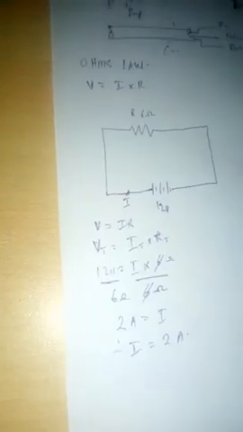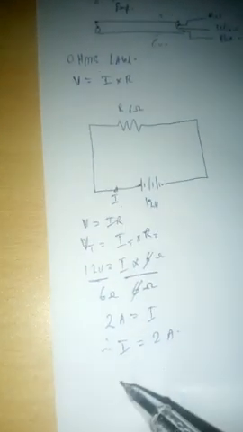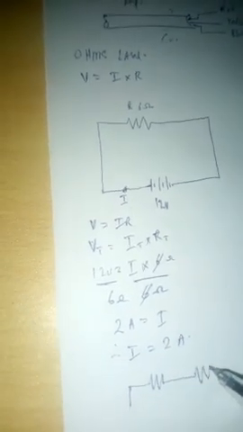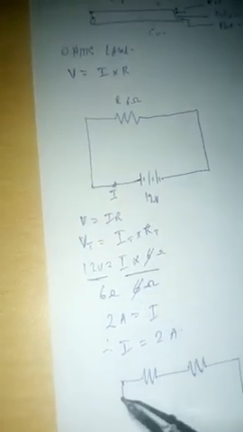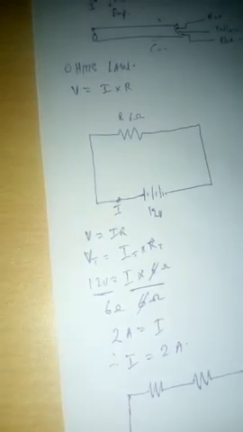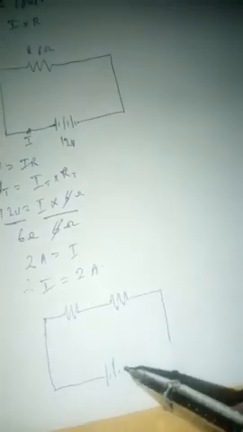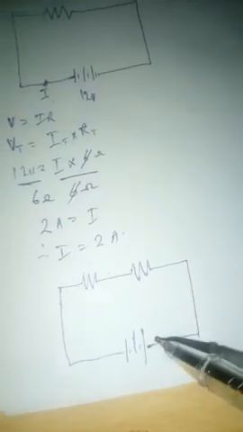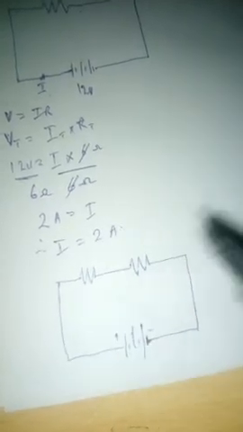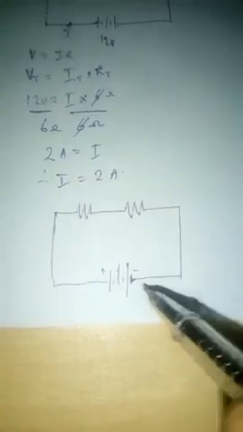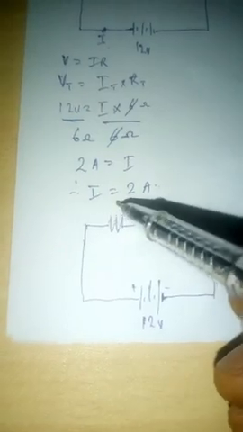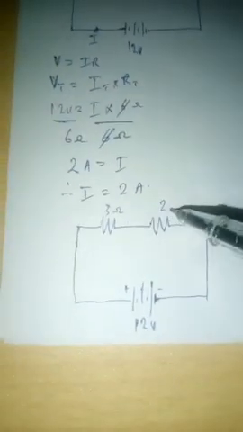Now if we have more than one resistor in a circuit, for example it's still 12 volts, then we have 3 ohms and 2 ohms.